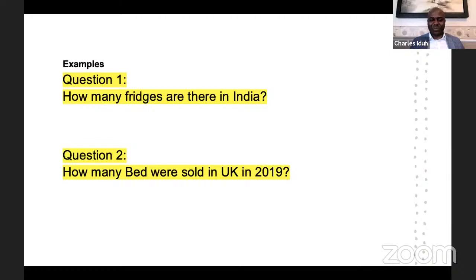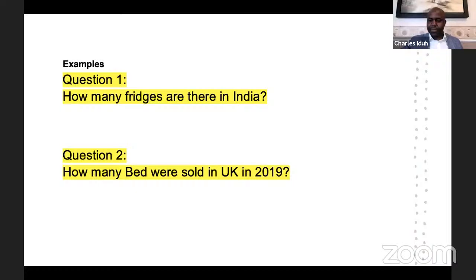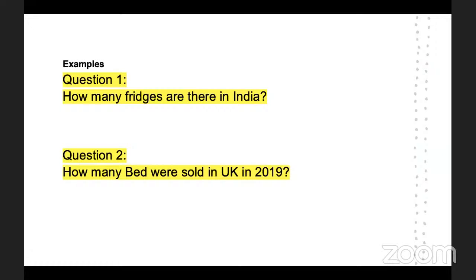The population of India is about 1.36 billion as at 2019. Going by that, the number of people in that country that may need a fridge might be maybe 600,000 persons.